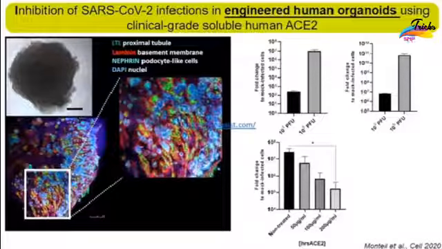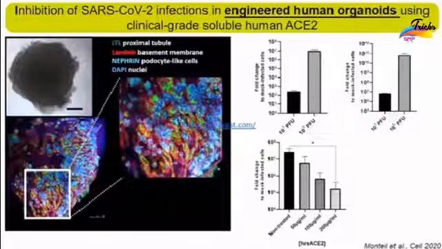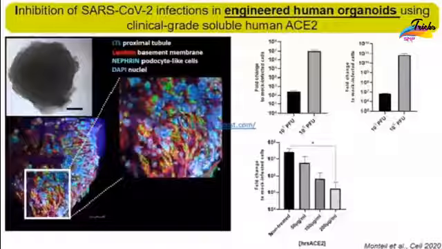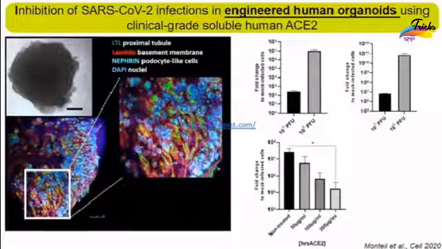The progeny of the virus was monitored by qPCR, and as expected, we can see that the kidney organoids were properly infected by these viral particles.